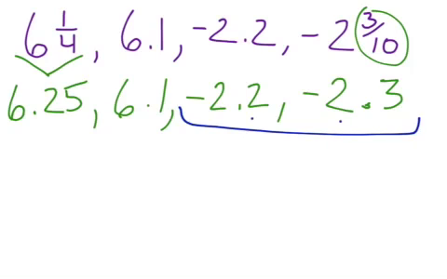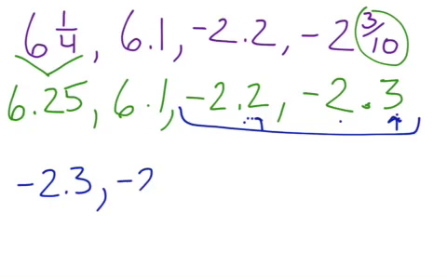So we have to think which one's bigger than the other one. Now, if I were to ignore the negative signs, I know that 2.3 is bigger than 2.2. But since they're both negative, it's going to be opposite, so that means -2.3 is actually less than -2.2. So that means -2.3 is our smallest number.